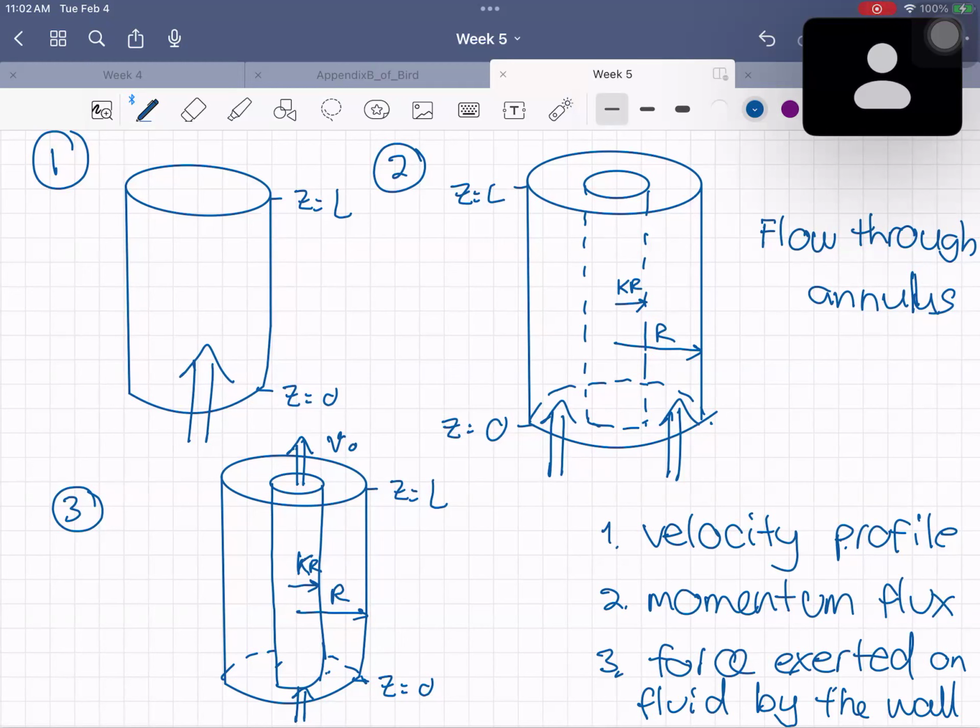Any questions about any problems? Yeah, a fluid, in the annulus.